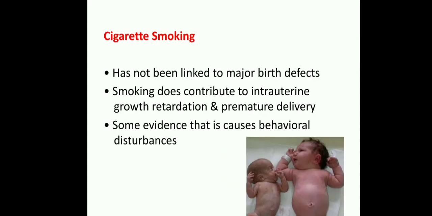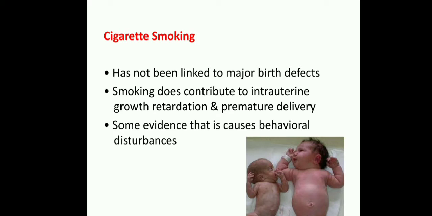Next is cigarette smoking. When the mother is smoking cigarettes, it has not been linked to major birth defects, but smoking does contribute to intrauterine growth retardation. Sometimes smoking contributes to growth retardation and premature delivery, and there is some evidence that it causes behavioral disturbances.